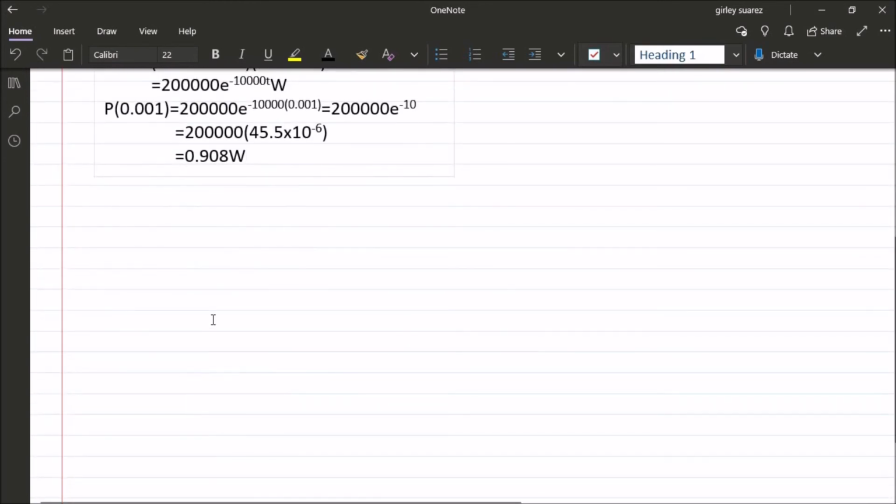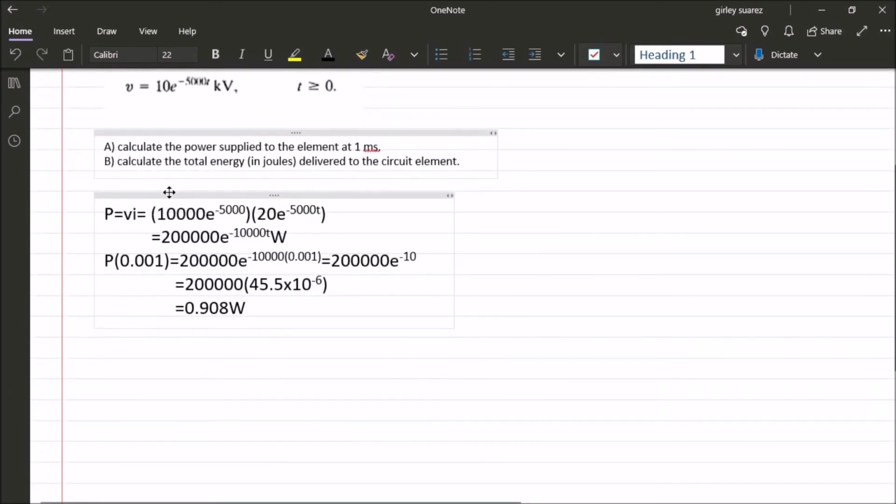Then for B, the question is to calculate the total energy in joules delivered to the circuit element.